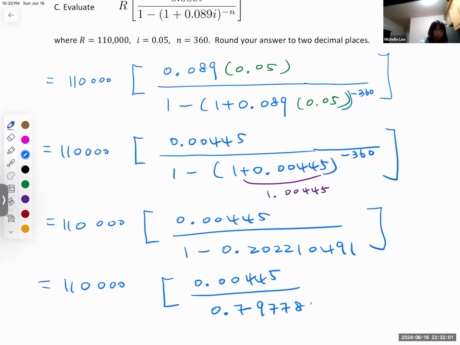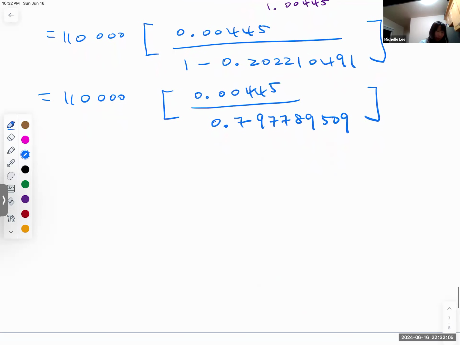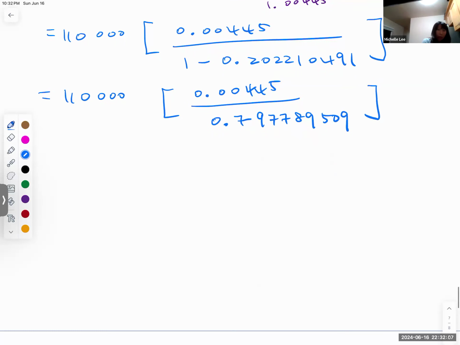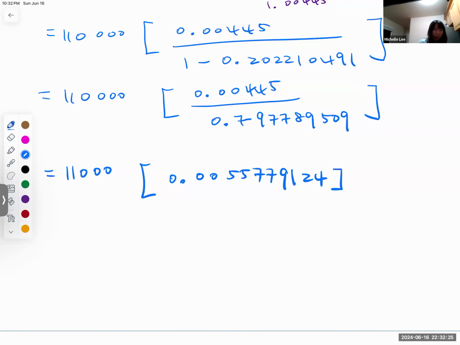Then there will be 10,000 times 0.00557792124, equal to, we multiply, then we get 613.57.